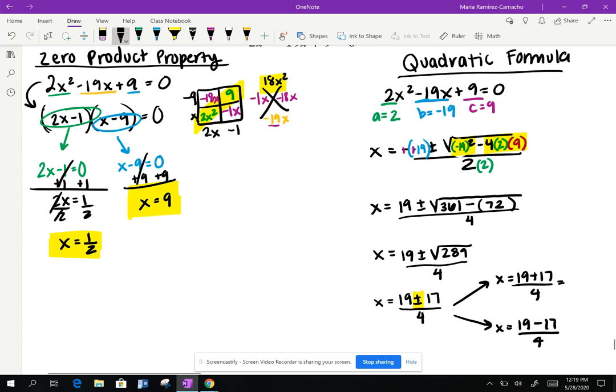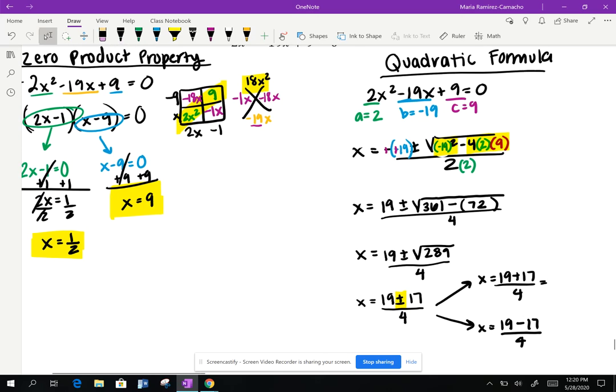But by hand, let's see what this is. 19 plus 17 is 36. And 36 divided by 4 is 9. There's my first solution. 19 minus 17 is 2, and 2 over 4 can be simplified to 1/2.